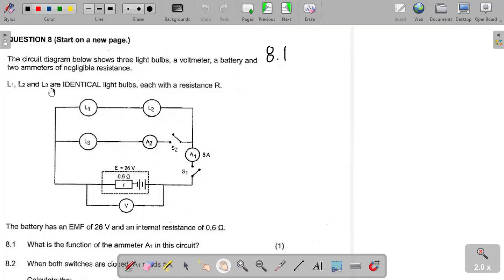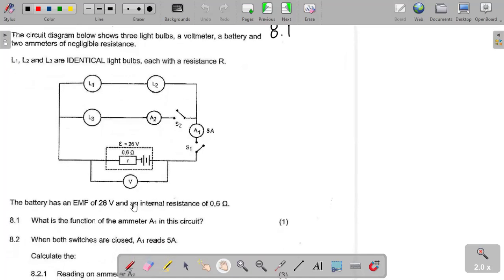L1, L2, and L3 are identical light bulbs, each with resistance R. So the light bulbs here are identical, meaning they are the same, and they all have resistance R. Then we have 2 ammeters, A1 and A2. A battery has an EMF of 26 volts and internal resistance of 0.6.